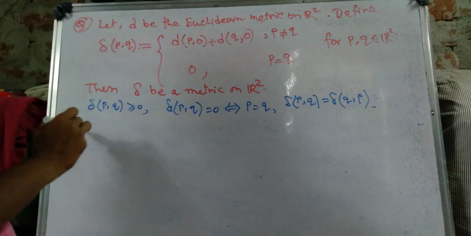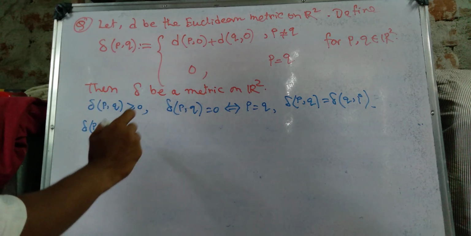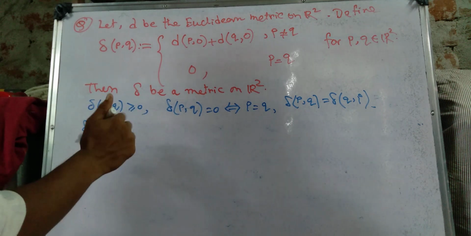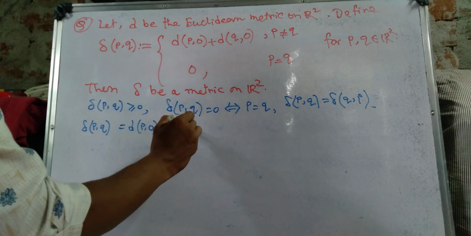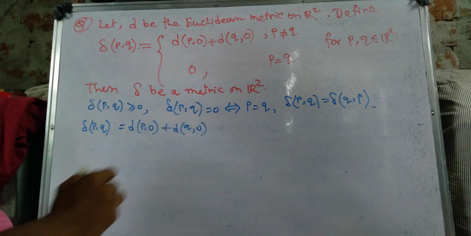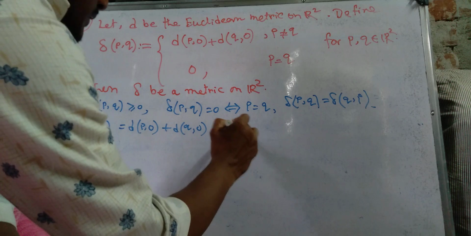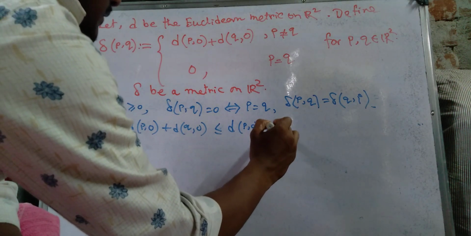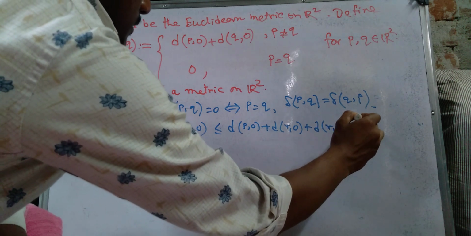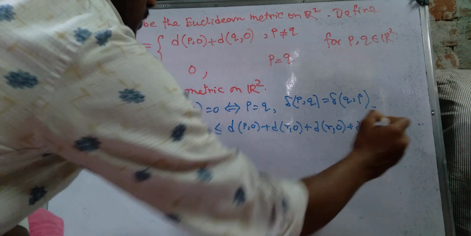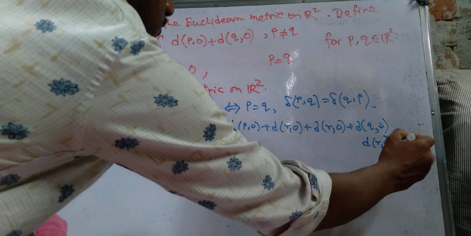Now discuss the triangle inequality. delta(p,q) equals d(p,0) plus d(q,0) when p is not equal to q, which is less than or equal to d(p,0) plus d(r,0) plus d(r,0) plus d(q,0), where d(r,0) is greater than or equal to 0.